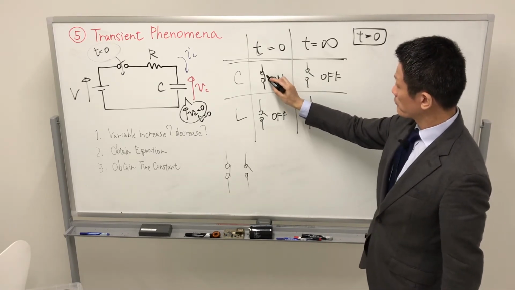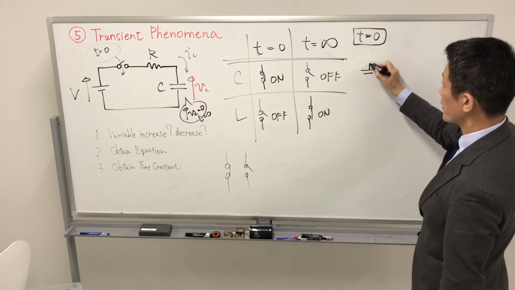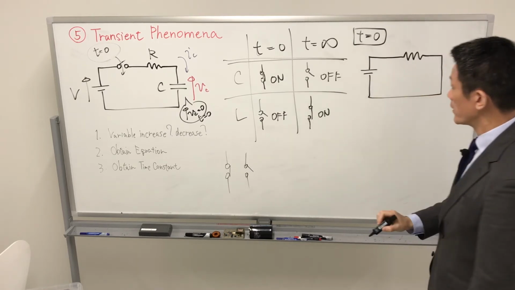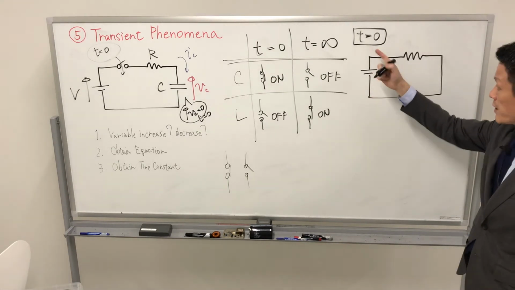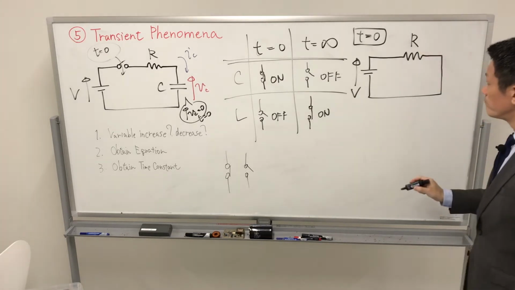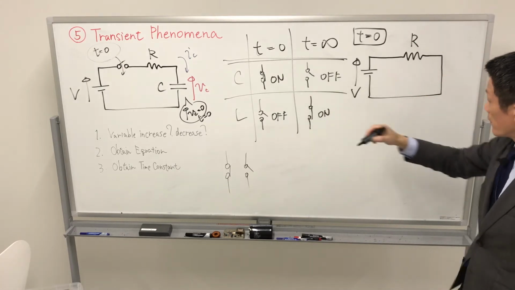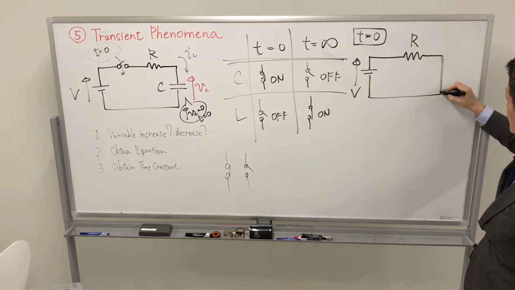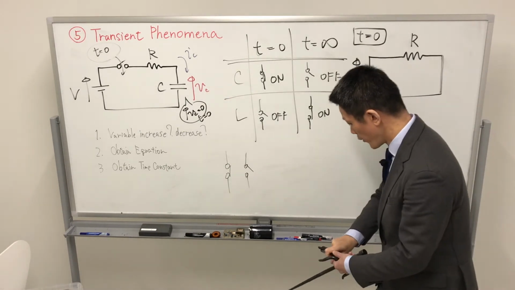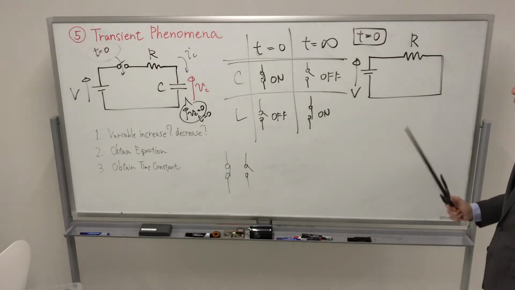This is an ideal switch, so we can draw the equivalent circuit like this, with V and R. Because the C is an ideal switch, we can draw only a conductor line like this.